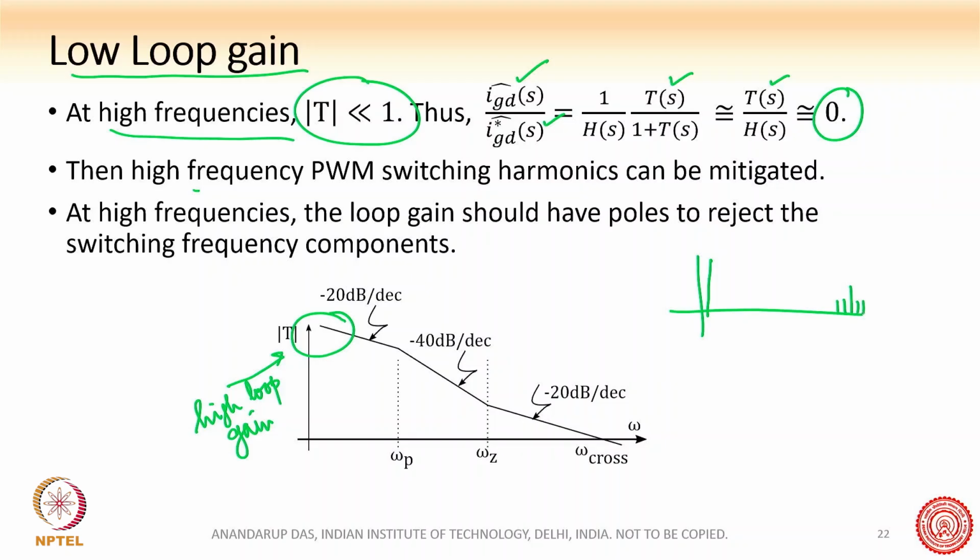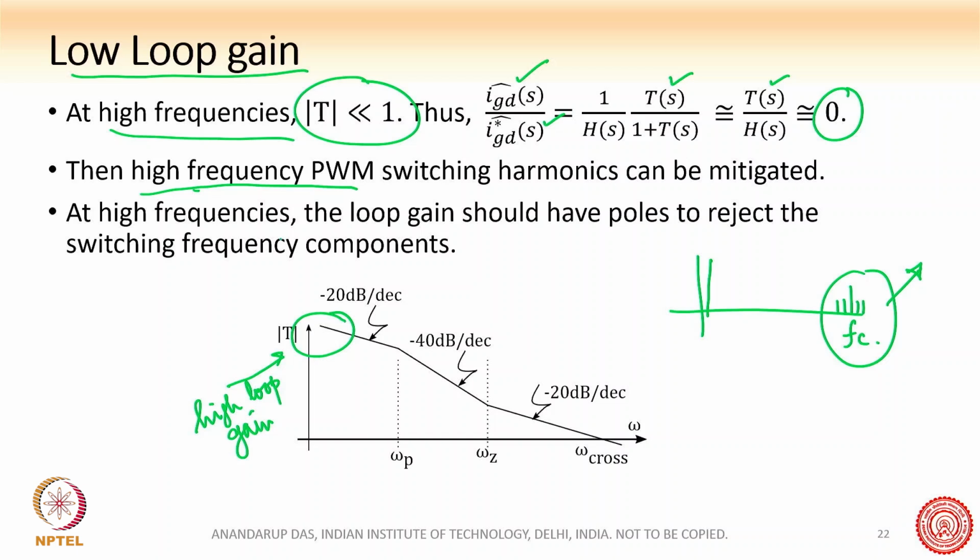They have these places, right, FC. So at high frequency, we don't want these to go into our controller. Basically the controller should have very low gain for these switching frequency harmonic components, so we do not want them to propagate into the system.